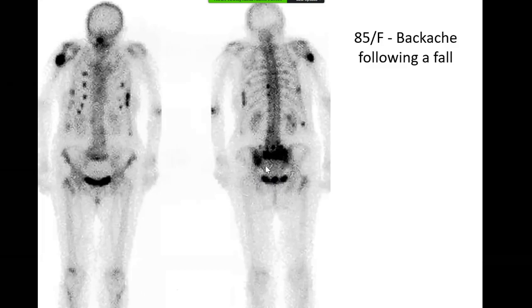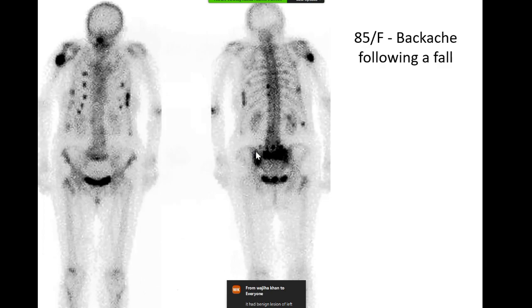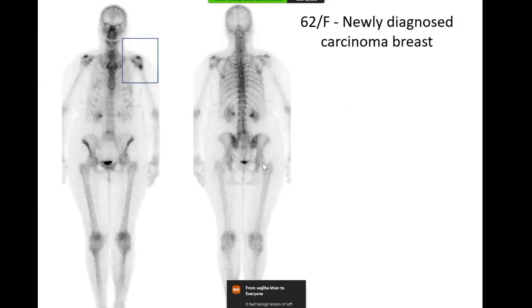Now, an important finding that you missed was this increased uptake in the sacrum, the body of the sacrum, and bilateral sacral ala. For that, we just go back and look at this normal bone scan. If you look at the normal bone scan, you do see increased uptake in the sacral ala, but generally in the body of the sacrum, there is no increased uptake.